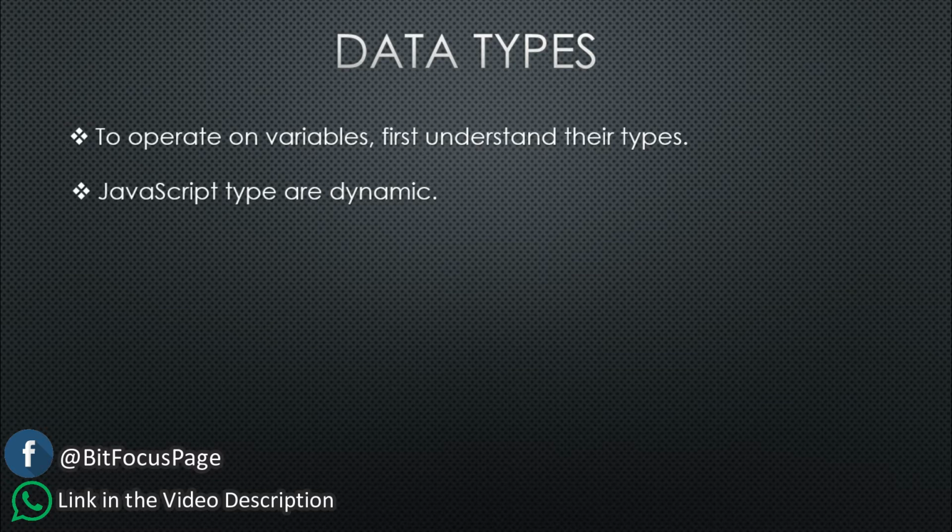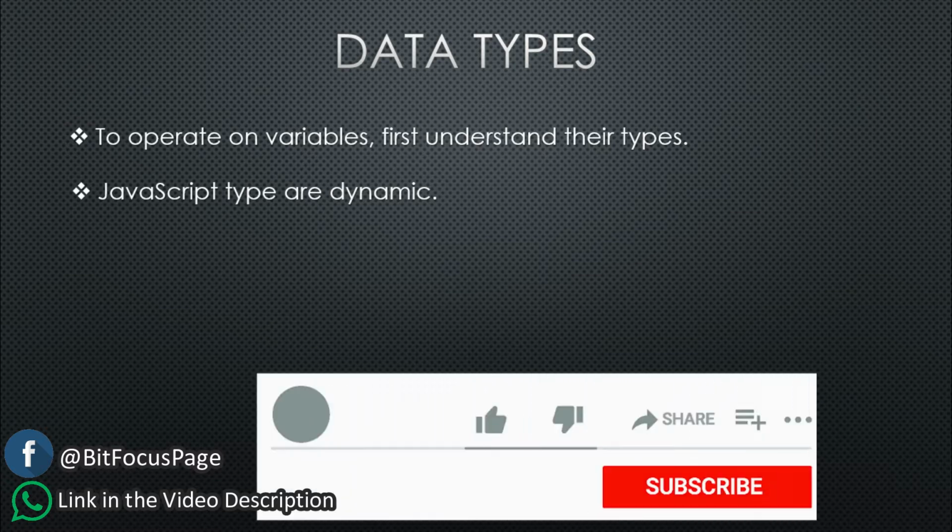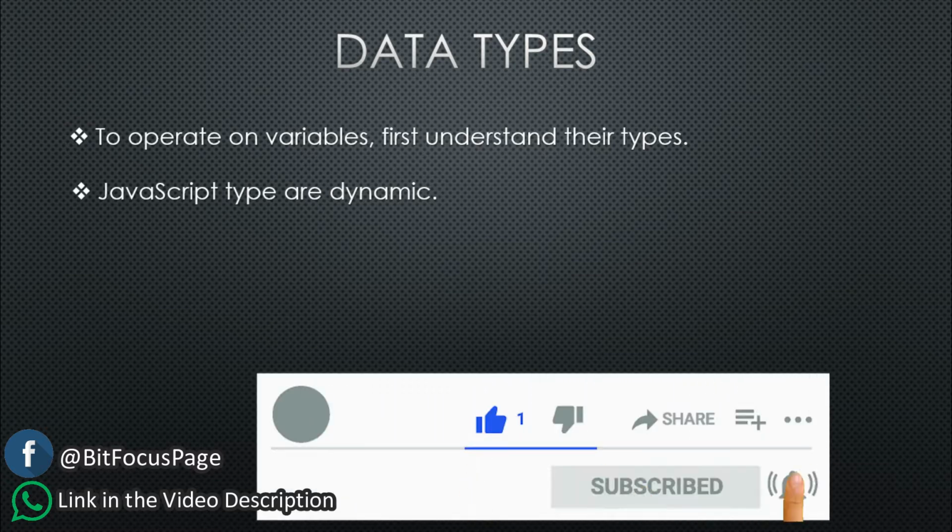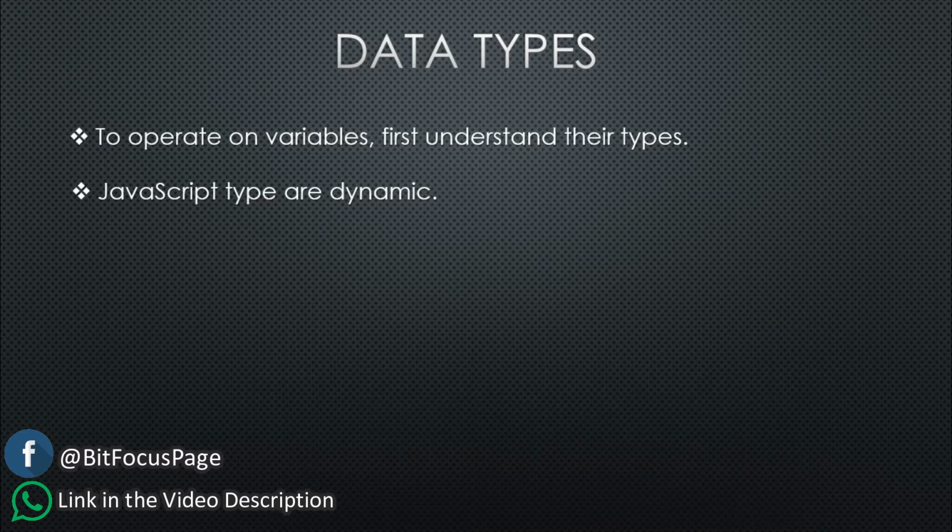It means that whenever we declare a variable, according to its value, the variable gains its data type. If the value is a number, its data type is a number. If the value is a text, its data type is changed into a string, and more others. So please remember, JavaScript types are dynamic.